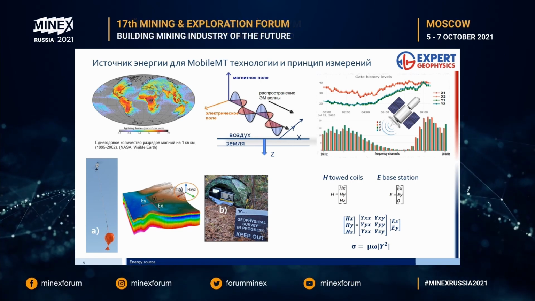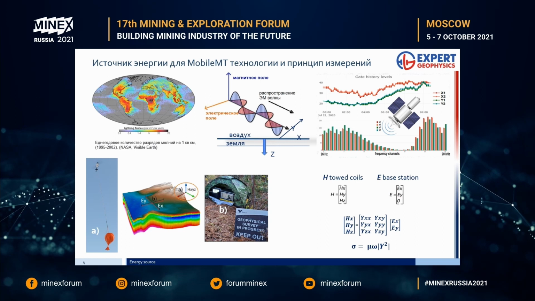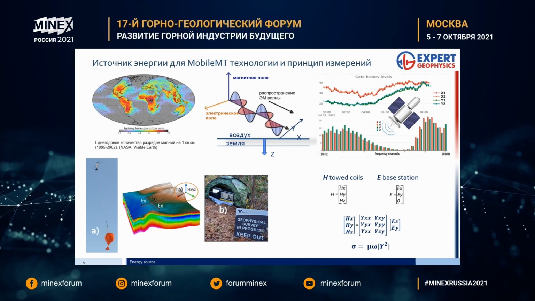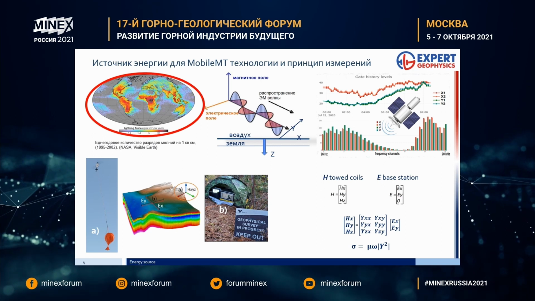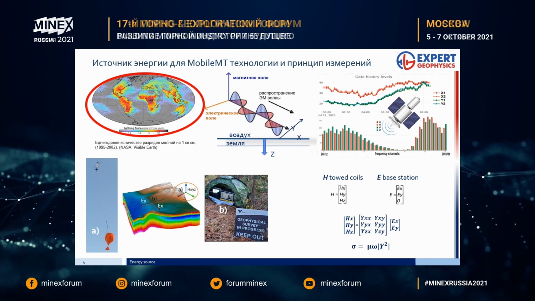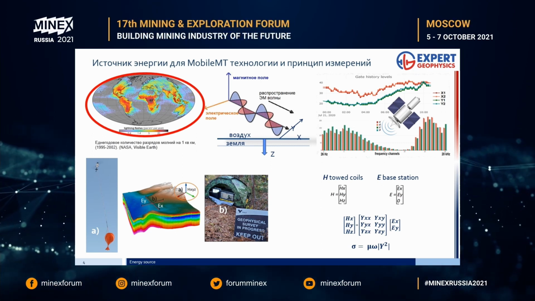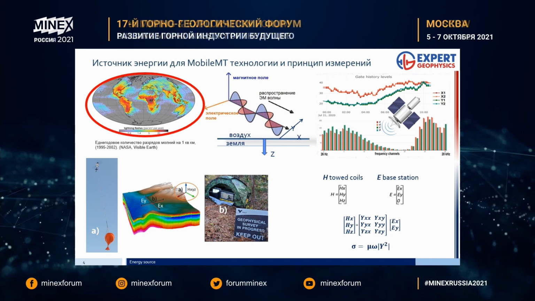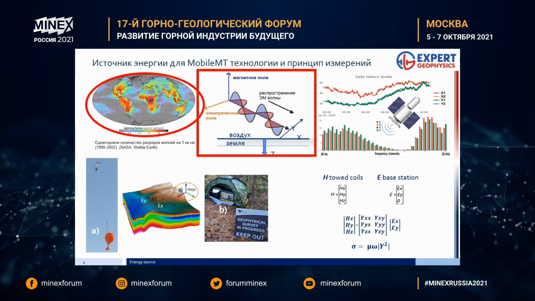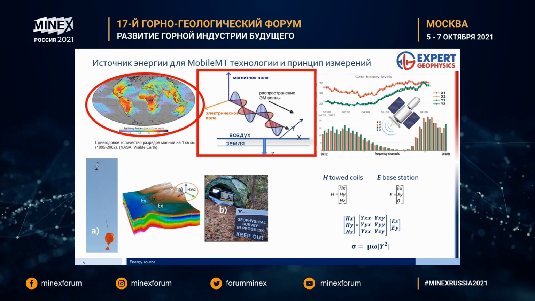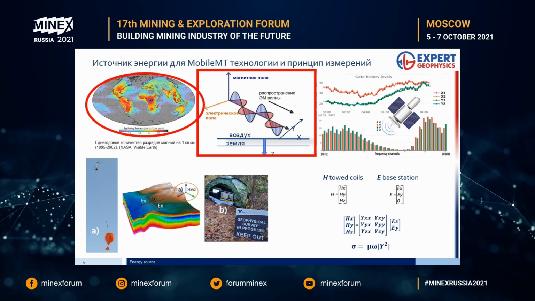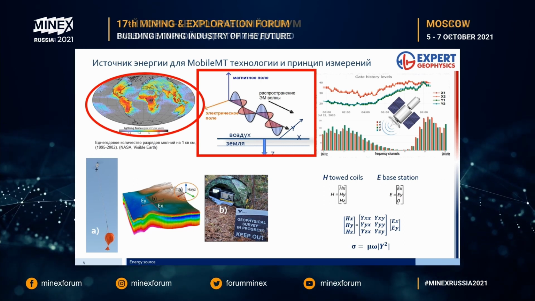Mobile MT technologies use natural fields of the Earth to study the geological environment. This activity on a planetary scale induces electrical current, known as relic, and that creates an electromagnetic source of signals which can be measured.